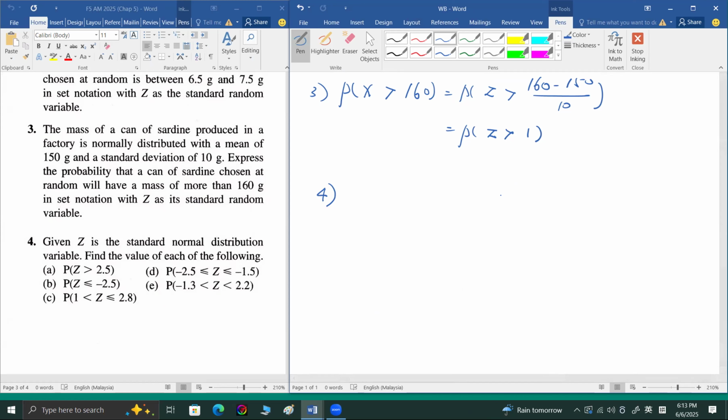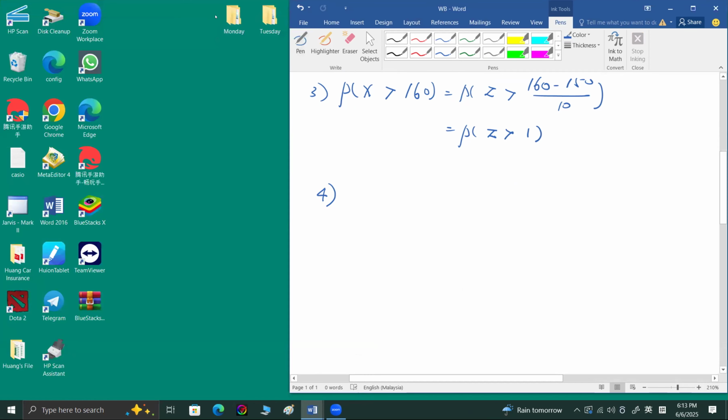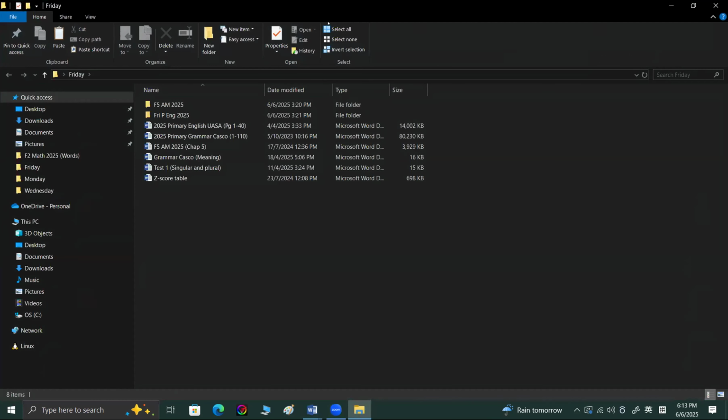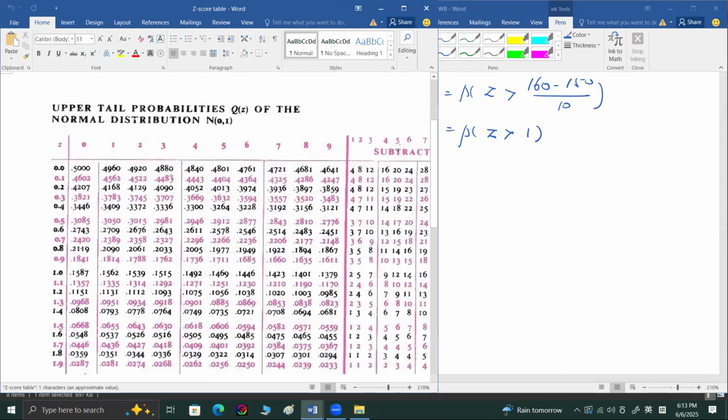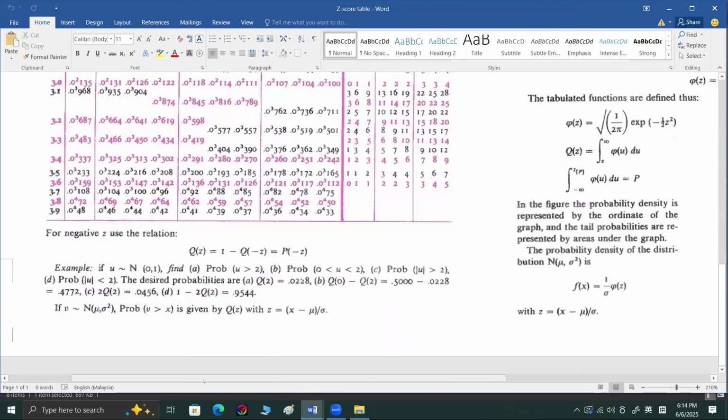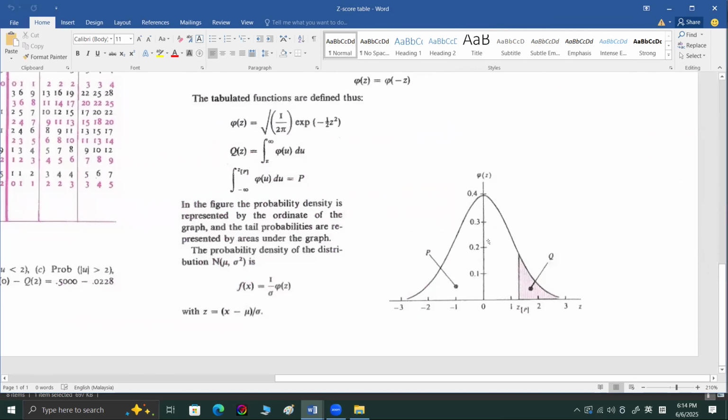So you are given a standard normal distribution, already changed to Z. Okay, wait, you all see the table? I'll show you part of the table first, because I want you to understand the meaning of Z-score. We make this Z-score into the bell like this, the probability.